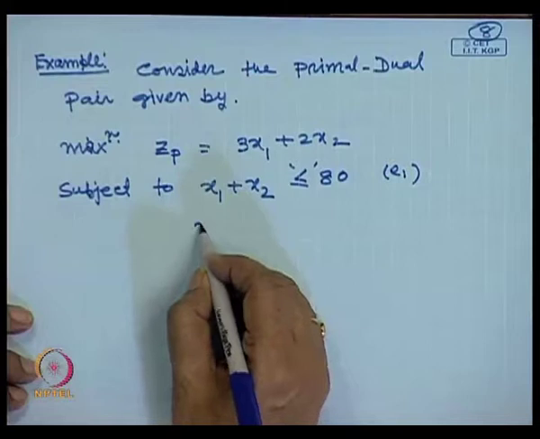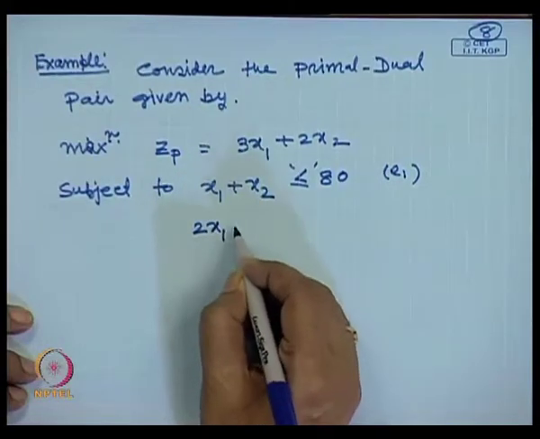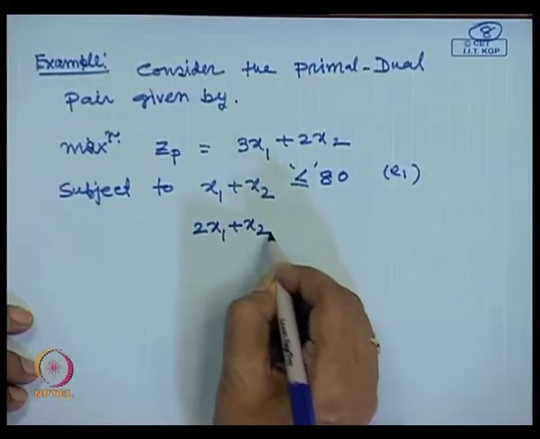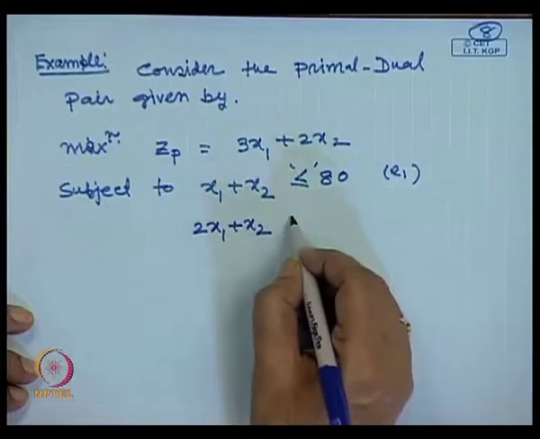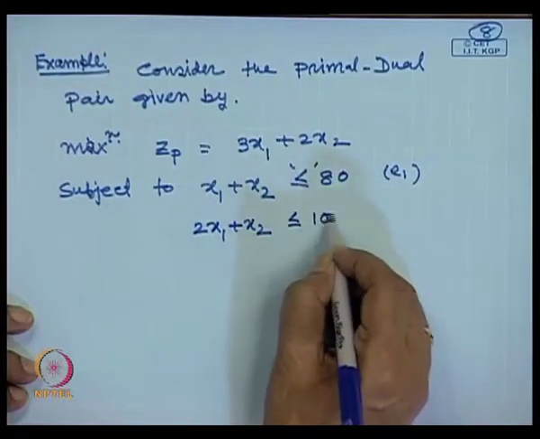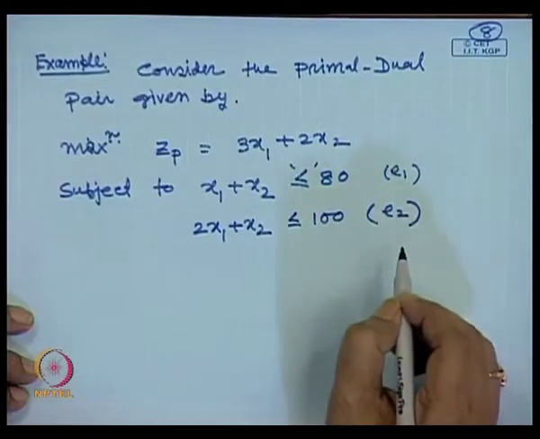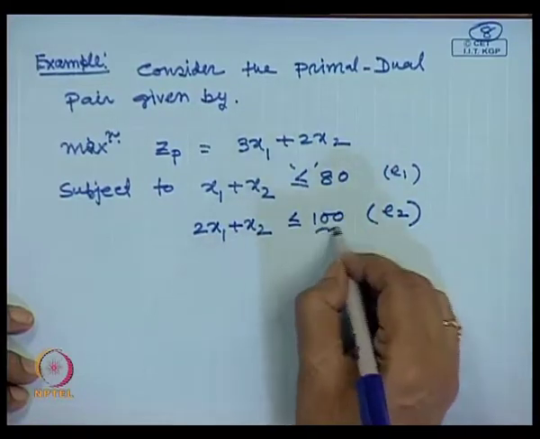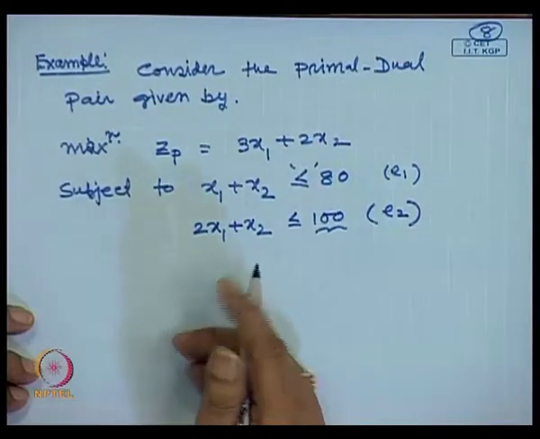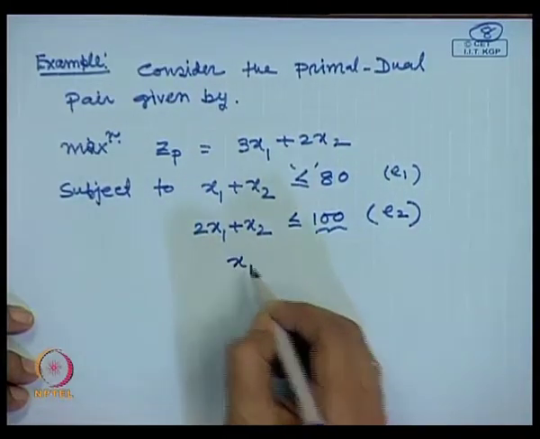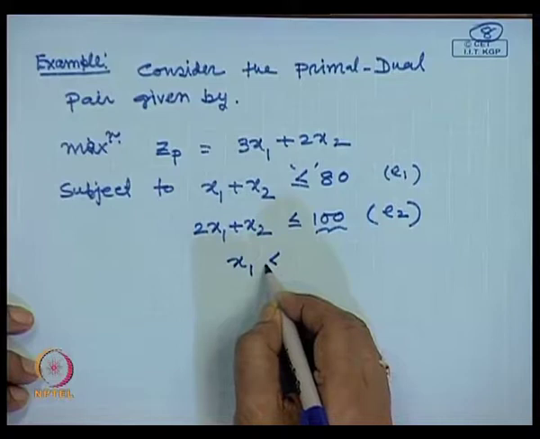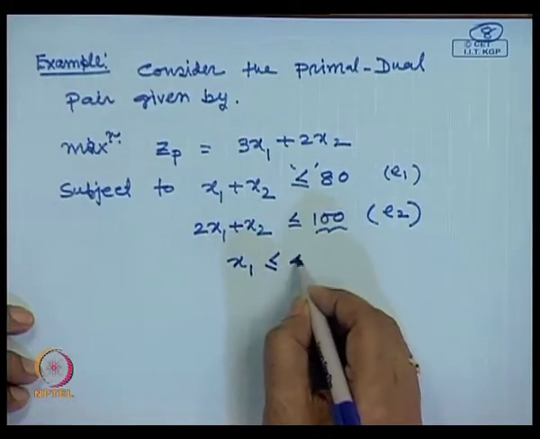Then we have another inequality equation, 2 x 1 plus x 2 is less than or equal to 100, which is E 2. Agree? This is our E 2, the right hand side of the inequality. And we have one more inequality, x 1 is less than or equal to 40.